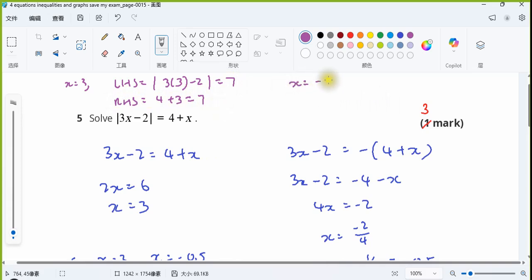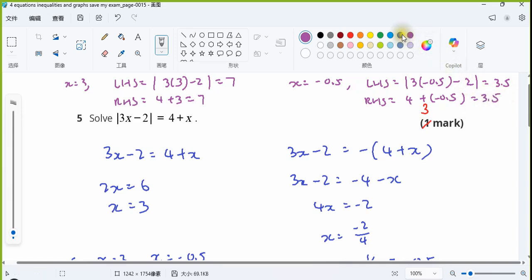When x equals negative 0.5, the left hand side is modulus of 3 times negative 0.5 minus 2, which is negative 1.5 minus 2, negative 3.5, and the modulus is 3.5. And the right hand side is 4 plus negative 0.5, which is 3.5. Yes. So when we open the modulus, we have the plus or minus.